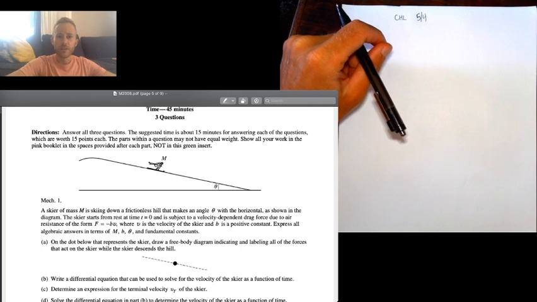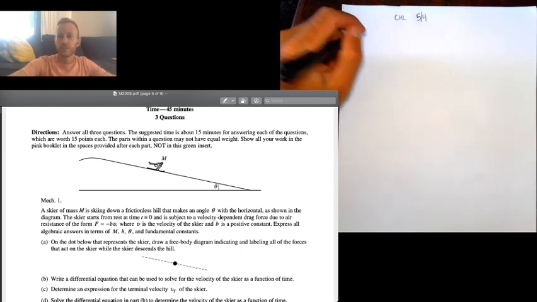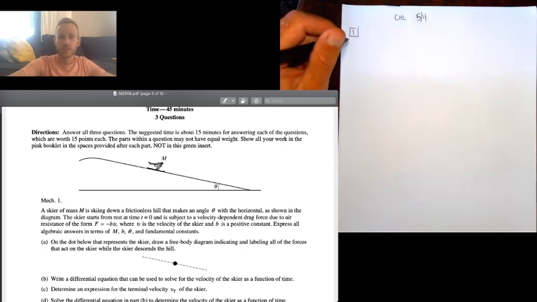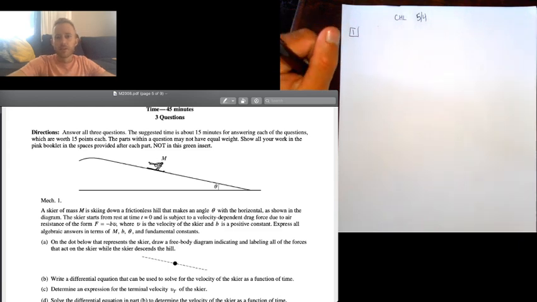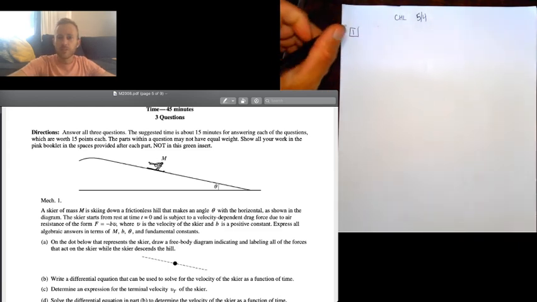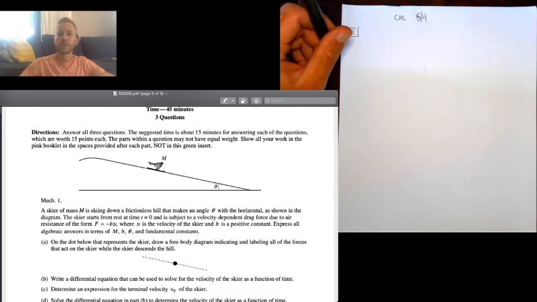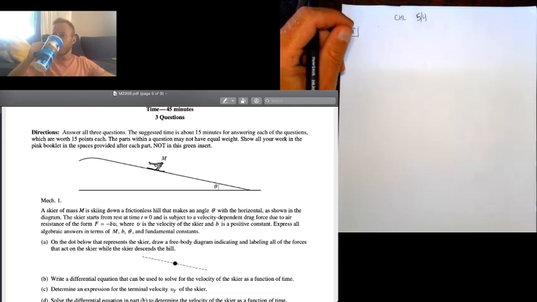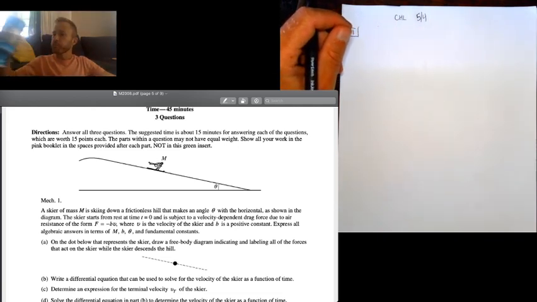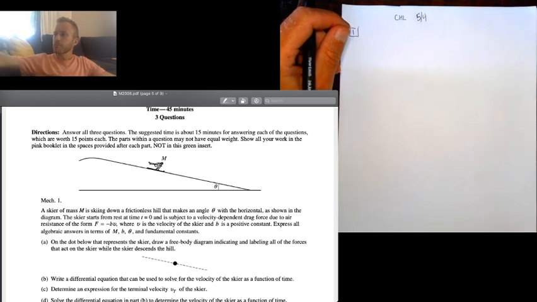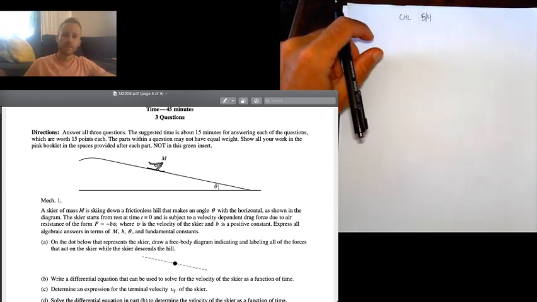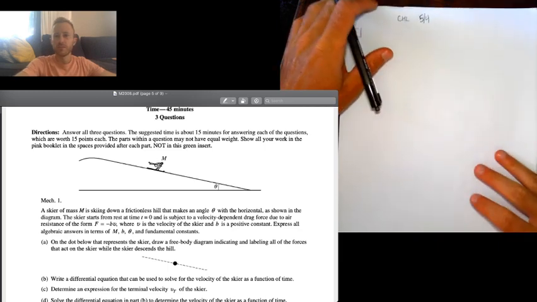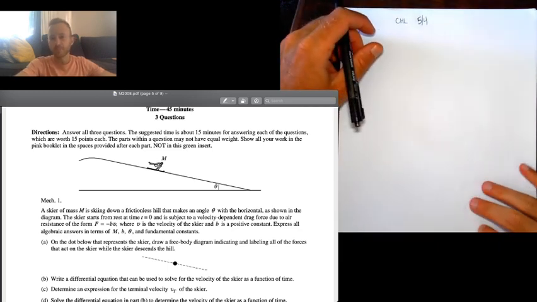A skier of mass m is skiing down a frictionless hill that makes an angle theta with the horizontal as shown in the diagram. The skier starts from rest at time t equals 0 and is subject to a velocity-dependent drag force due to air resistance of the form F equals minus BV, where V is the velocity of the skier and B is a positive constant.